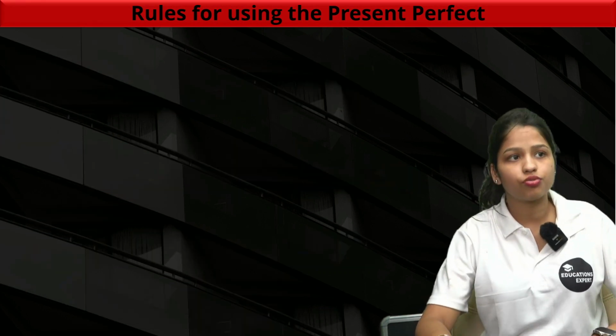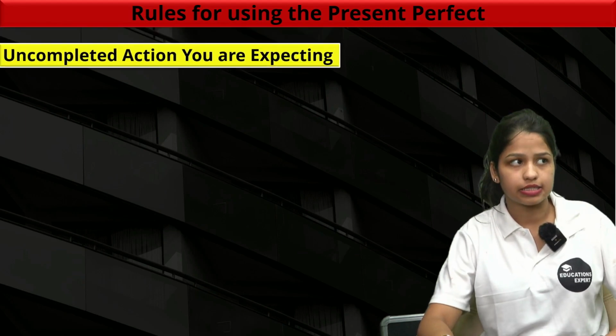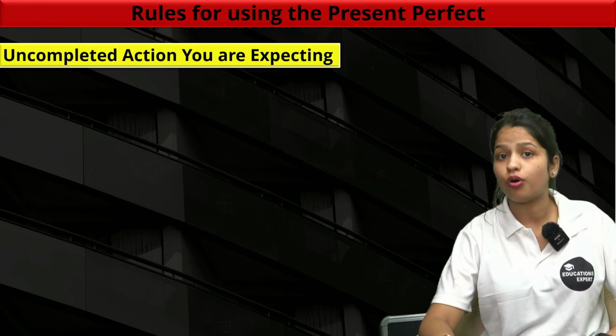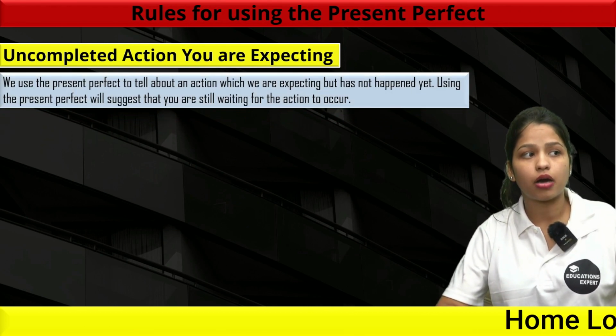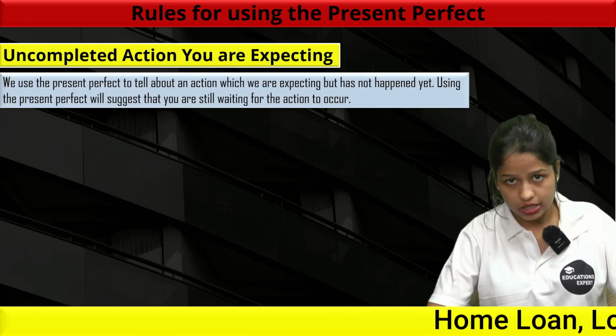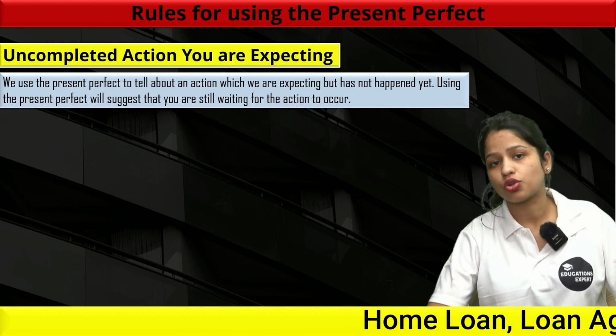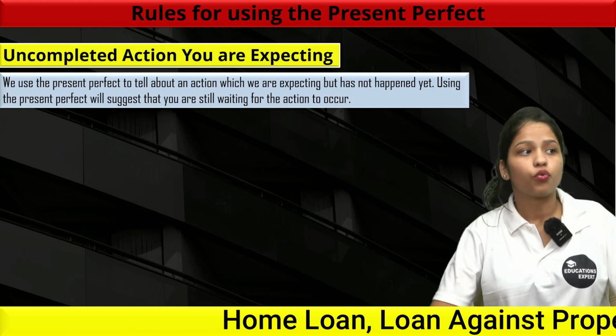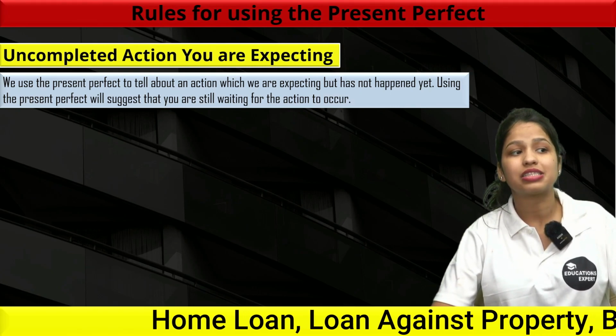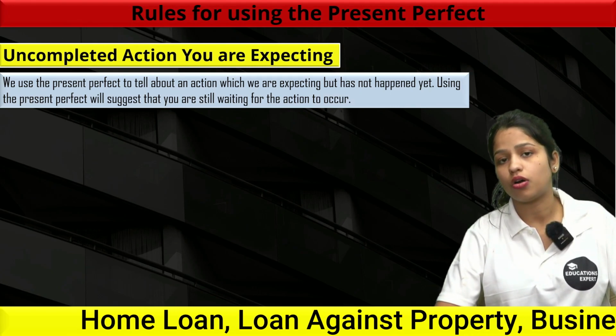Now, next rule for present perfect tense is uncompleted action you are expecting. We use the present perfect to tell about an action which we are expecting but has not happened yet. Using the present perfect tense, we suggest that you are still waiting for the action to occur, right?